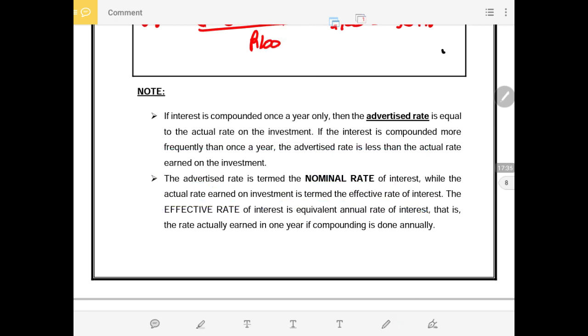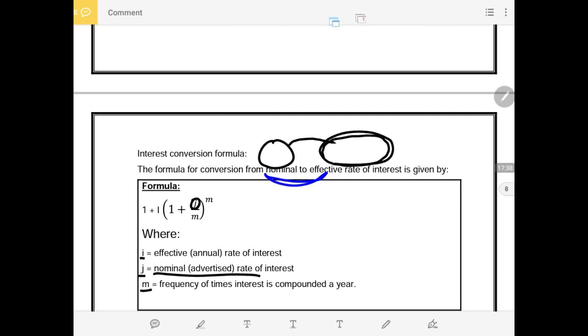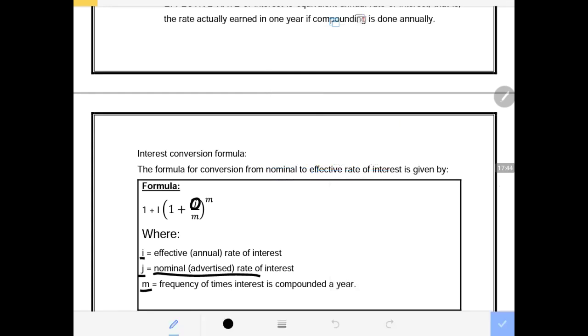And be mindful once again that we were doing the conversion. And I want to be very clear that we were converting nominal into effective. So this is the formula to convert nominal into effective rate of interest, because the next conversion I will be doing is nominal into nominal equivalent, which is from nominal to the same nominal but equivalent.